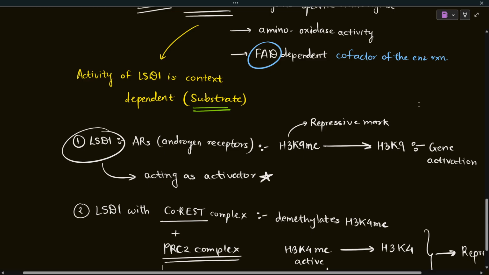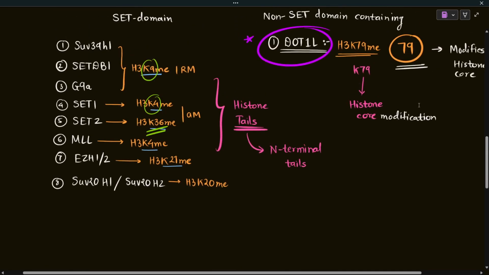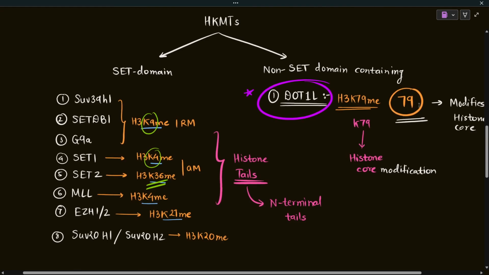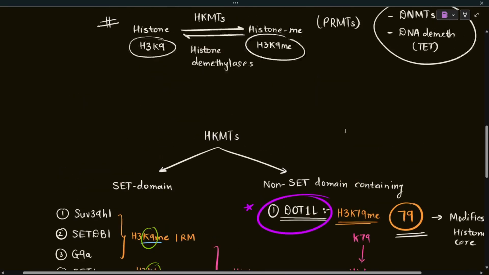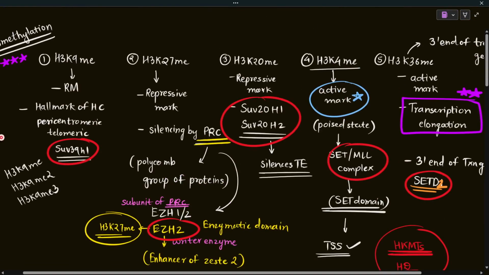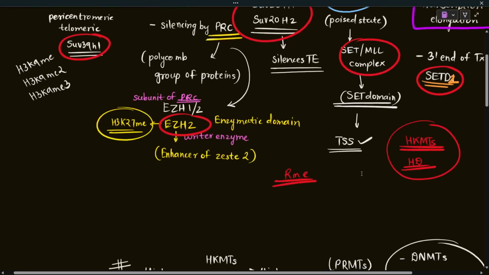So that's it about histone methylation. We have covered how histone methylation is done, what the specific marks are, and the characteristics of those marks, where in the chromatin they are located, like in the transposable elements, or in the pericentromeric or telomeric region, or wherever there is a transcription site.